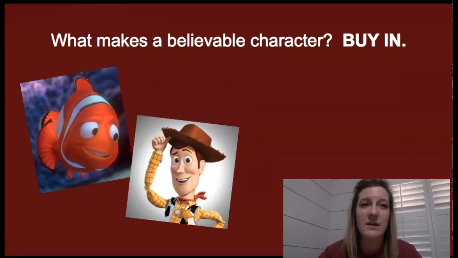So buy-in, being able to connect to that, being people who are that friend can connect to those feelings that he felt with frustration with Buzz and things like that. But people on the other end of receiving those emotions can also relate and buy into Woody's character and be like, yeah, I know a Woody. I have a lot of those in my life.